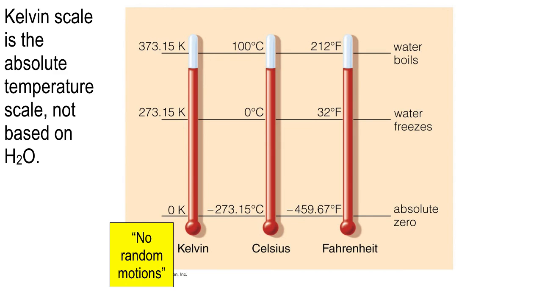And up here is the freezing point of water, which on the Kelvin scale is 273. Absolute zero is minus 273 on the Celsius scale. That's all we're ever going to do: if we have a Celsius temperature, add 273, and you have the Kelvin temperature.